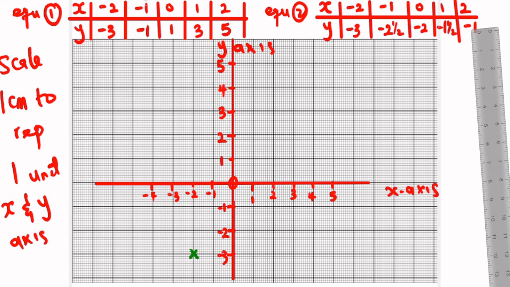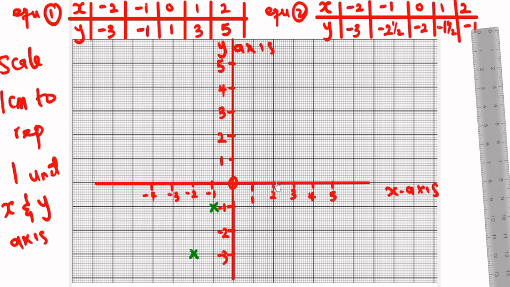Now the next thing is, when x is -1, y is -1. So this is x -1, and this is y -1. So let's asterisk that. So the next one we'll have here is when x is 0, y is 1. This is the origin.